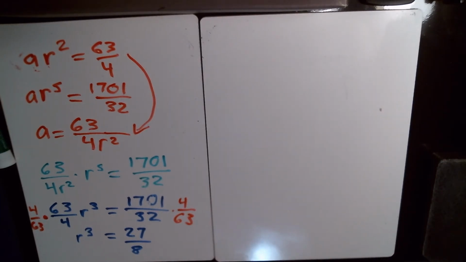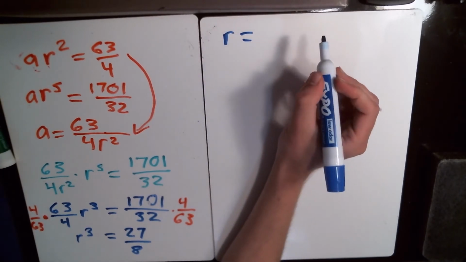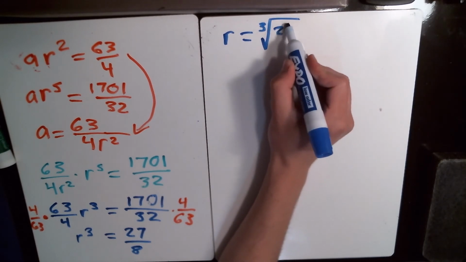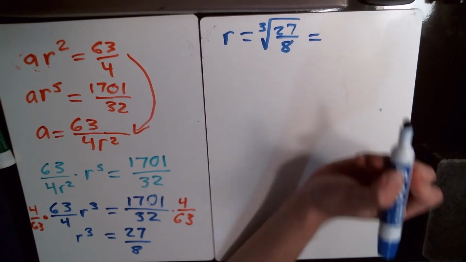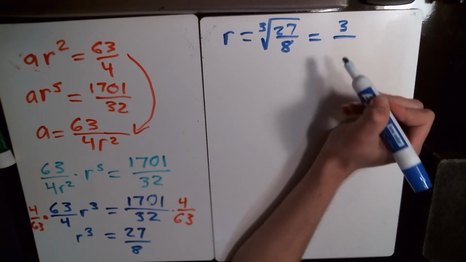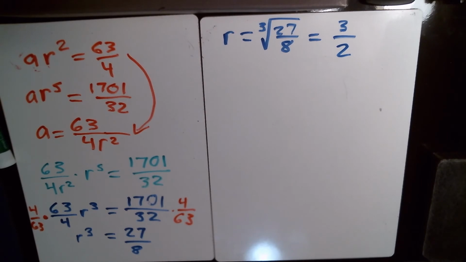Okay, so how do we find r? Well, we take a cube root on both sides. So r is the cube root of 27 over 8. The cube root of 27 is 3, and the cube root of 8 is 2. So my r is going to be 3 over 2. Okay.